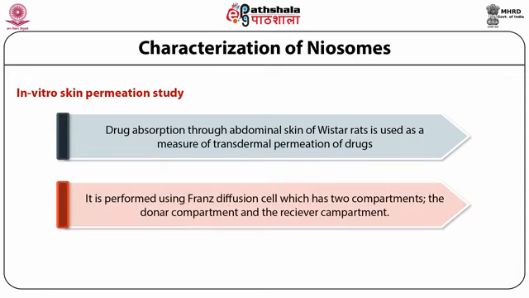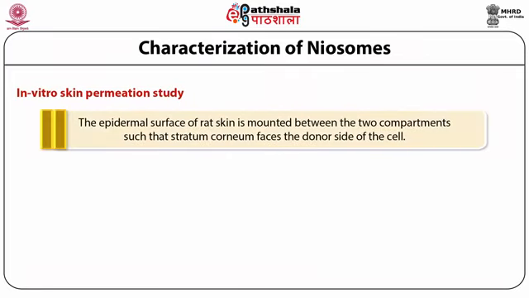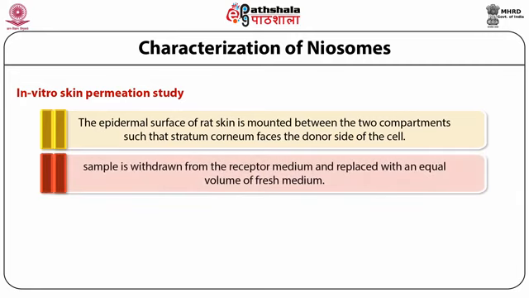The study is performed using a Franz diffusion cell, which has two compartments, the donor compartment and the receiver compartment. The epidermal surface of rat skin is mounted between the two compartments such that the stratum corneum faces the donor side of the cell.